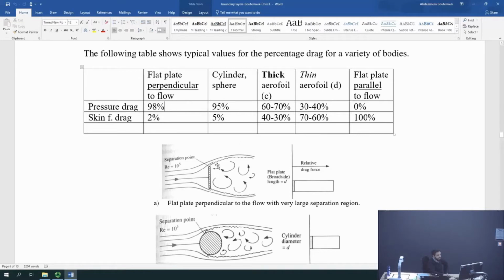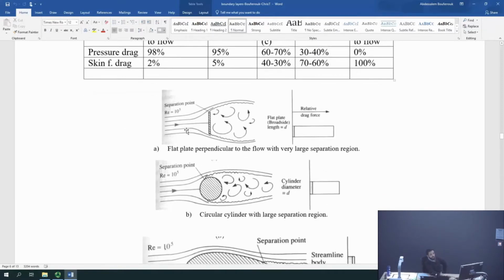Okay, so in these cases, you need to think about what you can do to reduce the pressure drag. Clearly the skin friction drag is very little, so there's no point spending energy trying to reduce that, but you really need to focus on pressure drag.